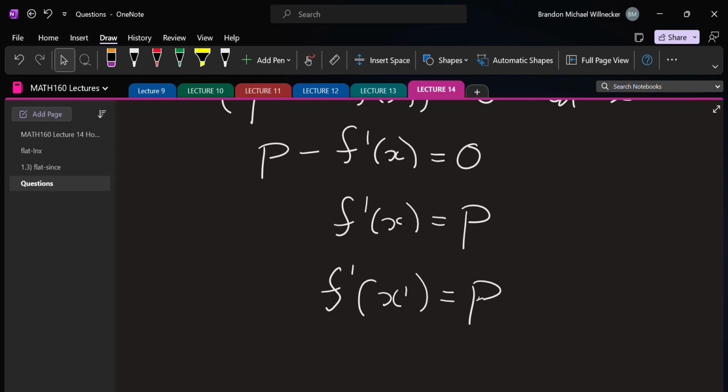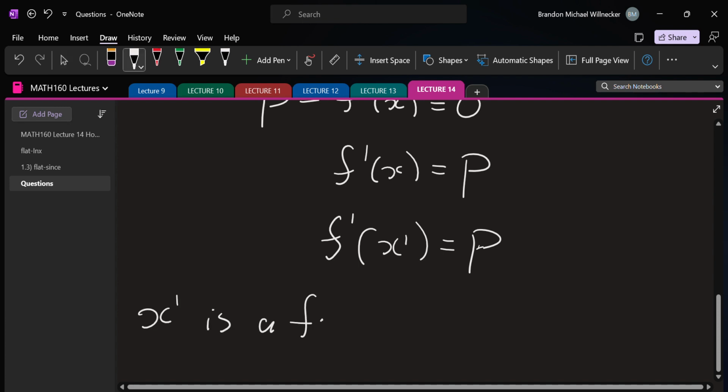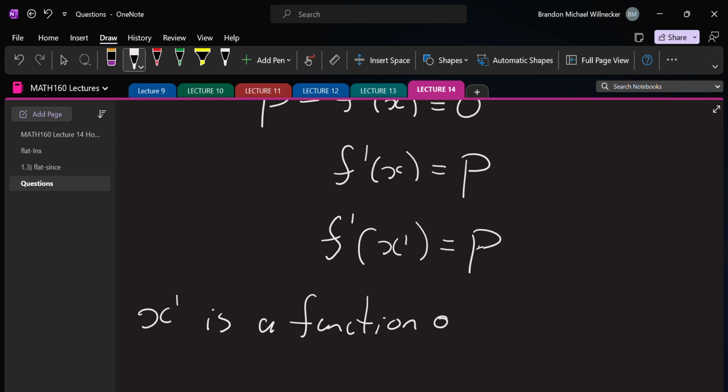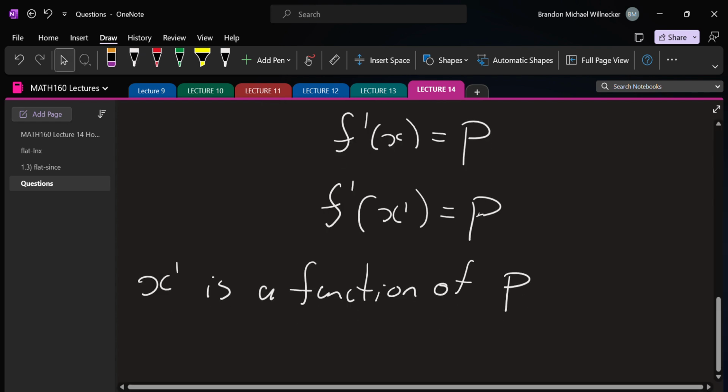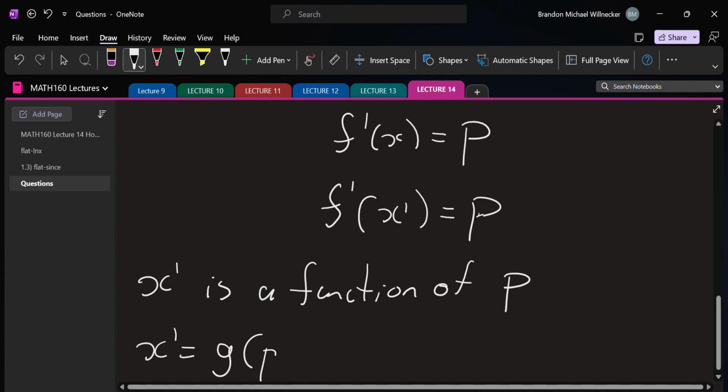Look back at your previous examples: x prime was always a function of p. Since it's a function of p, let's call it g of p.